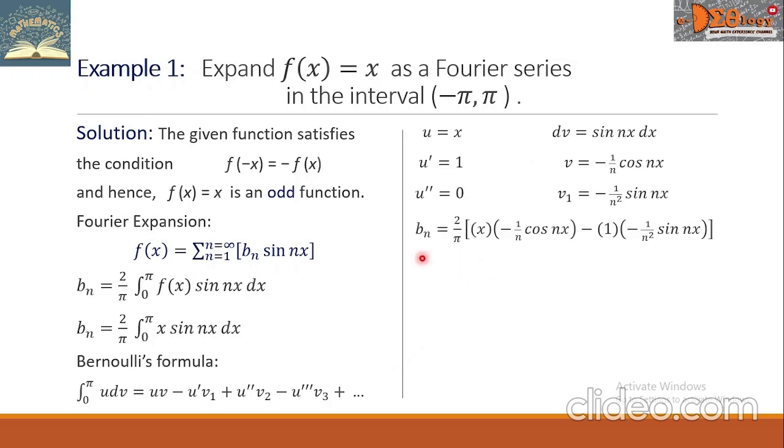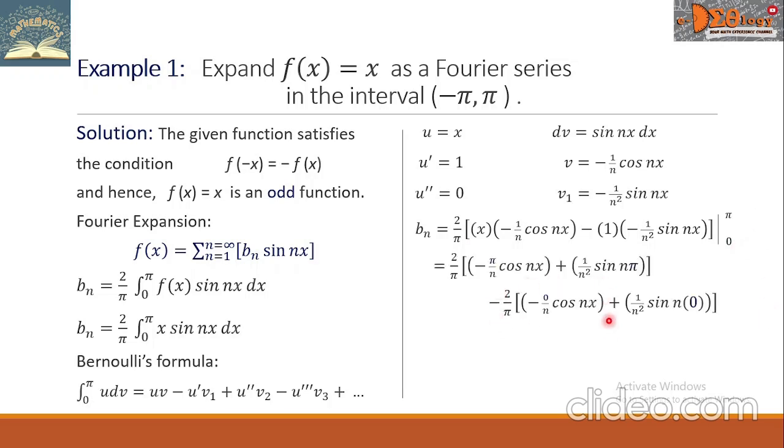We can get the b sub n equals 2 over pi. We have this pair of factors. This is u times v. Minus, we have another pair of factors. This is u prime times v sub 1. Then we will evaluate this with respect to the limits from 0 to pi.